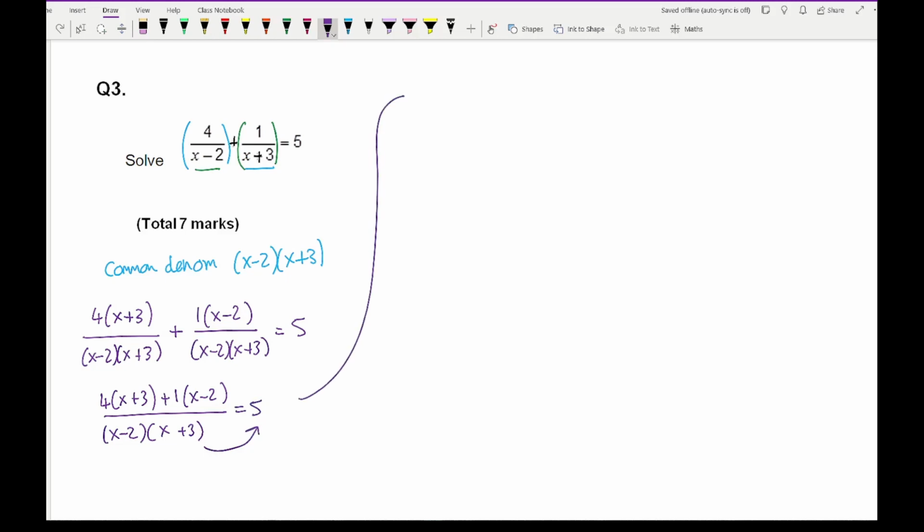So what I end up with is 4 lots of x plus 3 plus 1 lot of x minus 2, and that equals 5 lots of x minus 2 x plus 3. Now just expanding the bracket, so let's start off with the left hand side. So I end up with 4x plus 12 plus x minus 2.